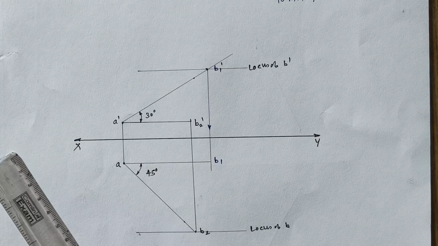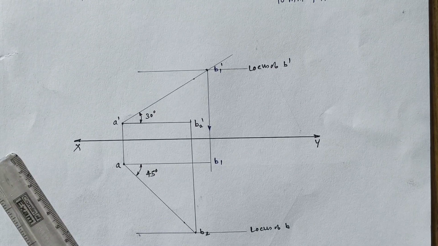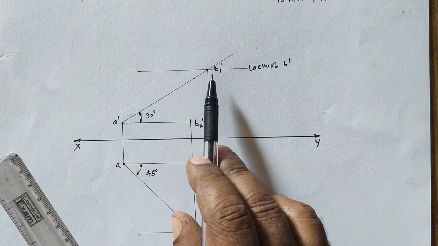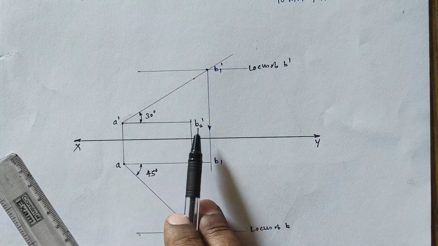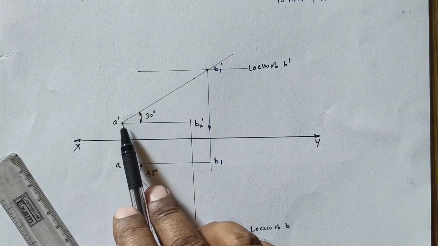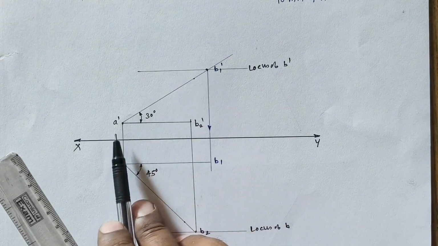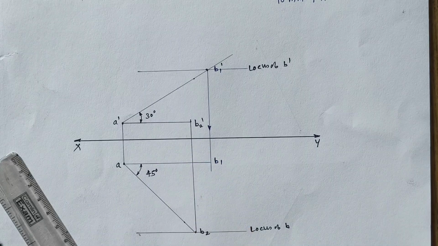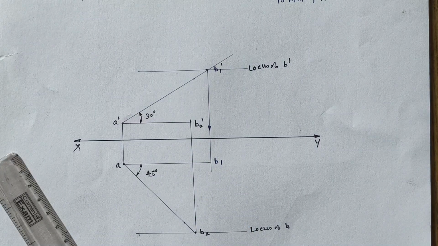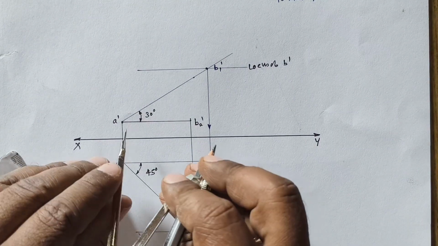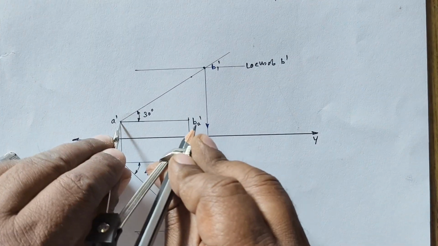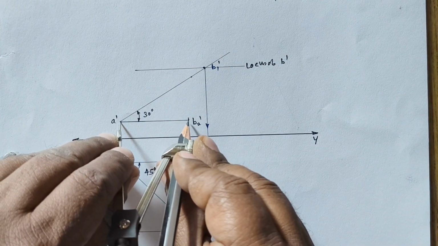Now if you observe, in the front view there are two lines. One is A dash B1 dash, and second is A dash B2 dash. Out of these two lines, A dash B1 dash is the true length, whereas A dash B2 dash is the apparent length. So we take the apparent length in compass, because when the line is inclined to all the planes, the apparent length will appear in the front view.